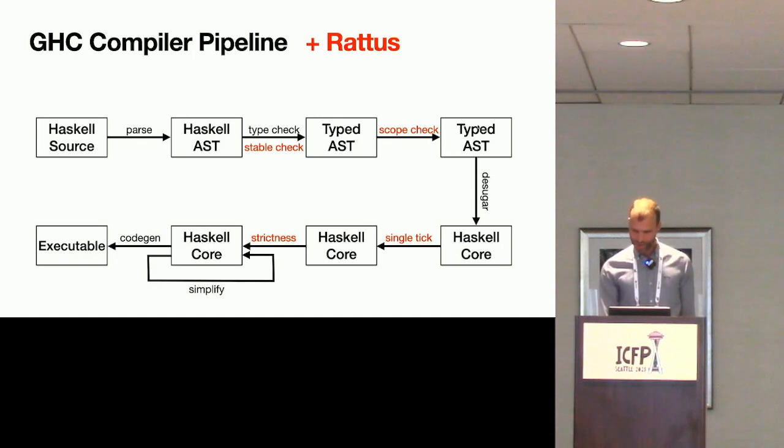And then after desugaring, there are two extra passes. The first one is called single tick. That requires a bit of explanation. In the language that I showed you, remember, you can have multiple ticks in the context that denote the passage of time. That's all nice and well if you want to program, right? You can look ahead several times in the future. But if you actually want to run these programs, they are prone to memory leaks.